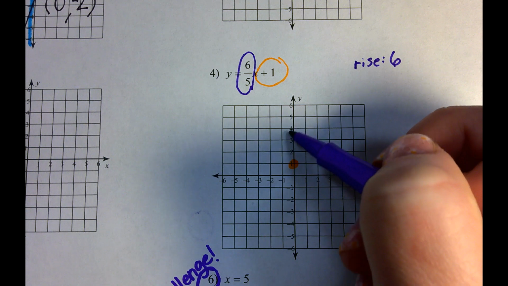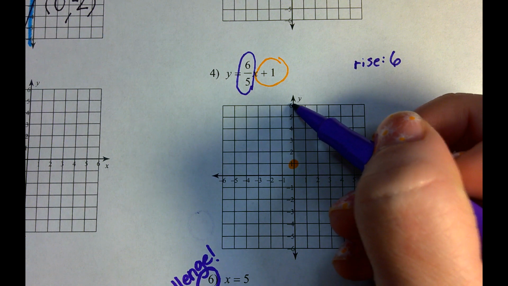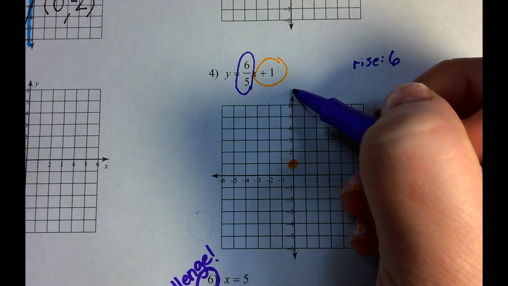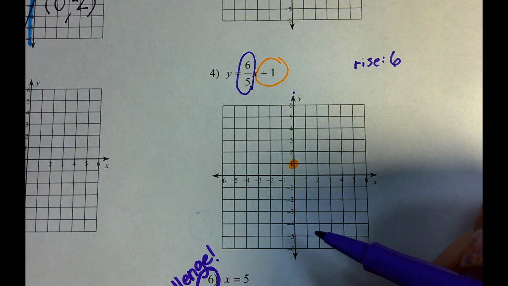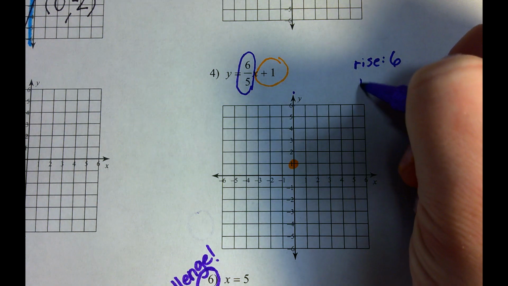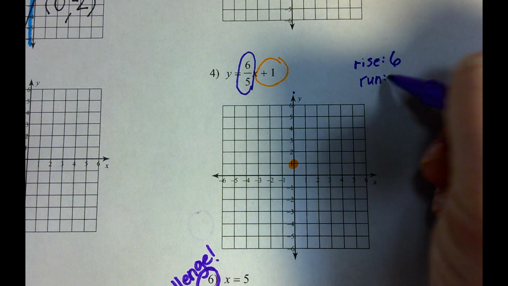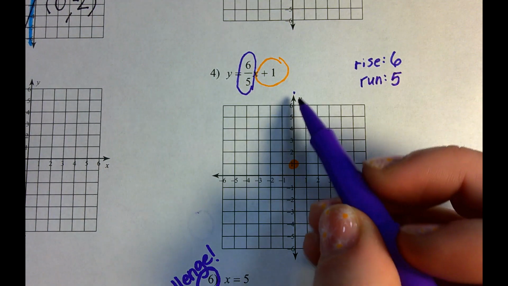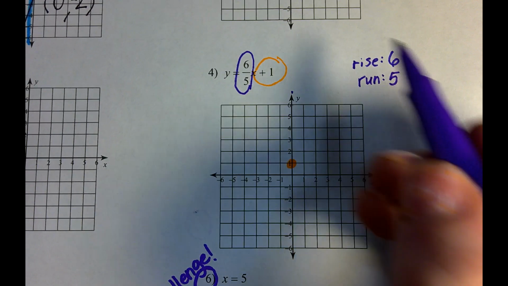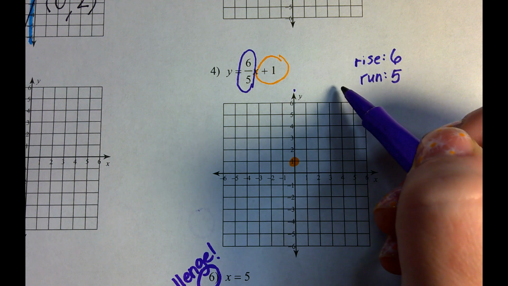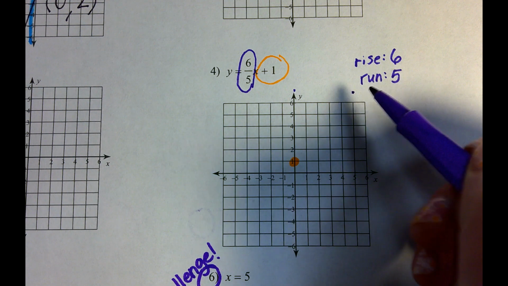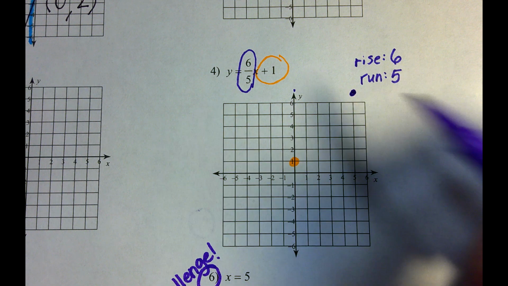1, 2, 3, 4, 5, and off the graph, 6. Goes up a little higher than they gave us. Over 5. Good. So our run is 5. So we're going to go over 5 to the right. So 1, 2, 3, 4, and 5. Right there.